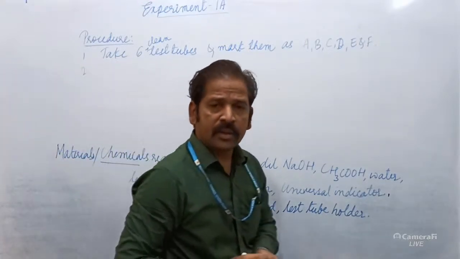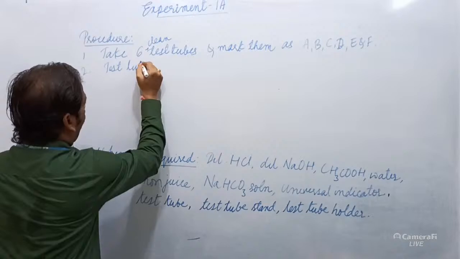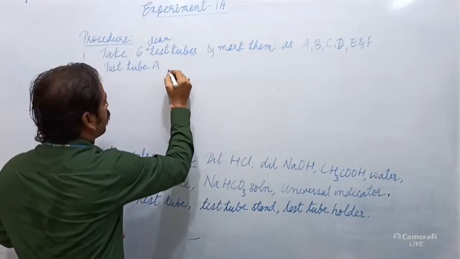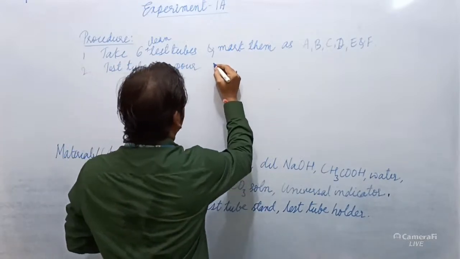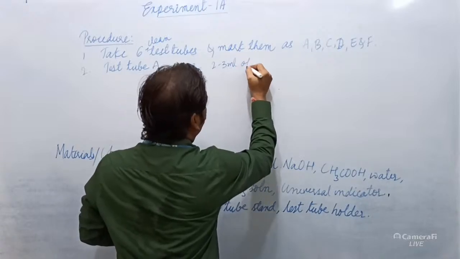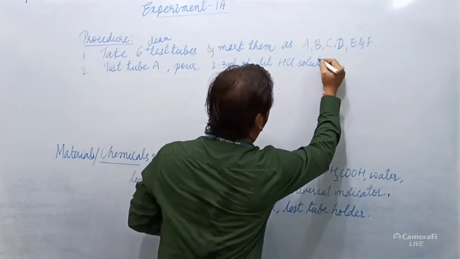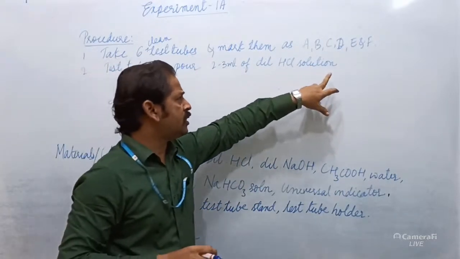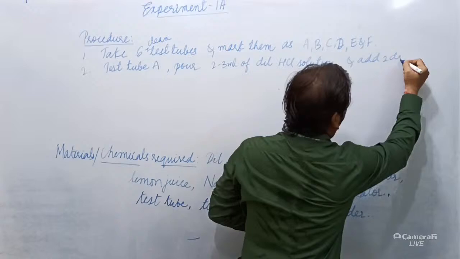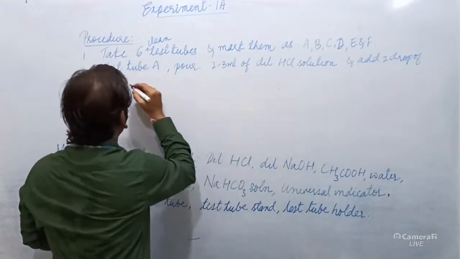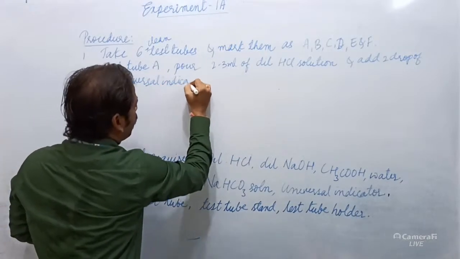Second point. Take test tube A, pour 2 to 3 ml of dilute HCl solution and add 2 drops of universal indicator.